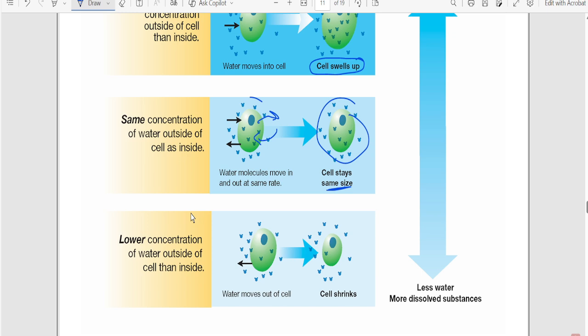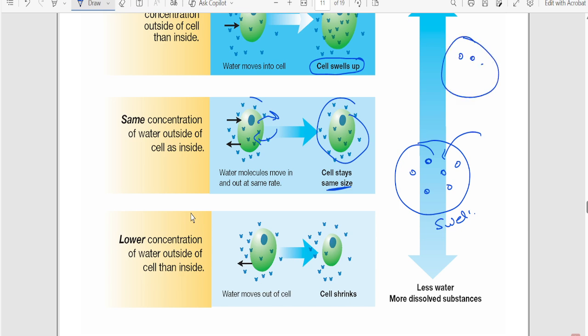When inside is lower, water would move from outside and enter, and the cell swells up, okay? When water inside is higher, it goes out, and when water goes out, the cell shrinks.